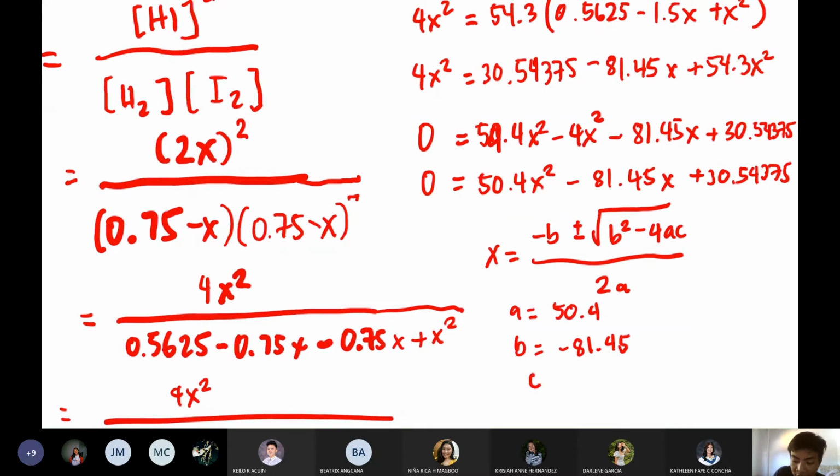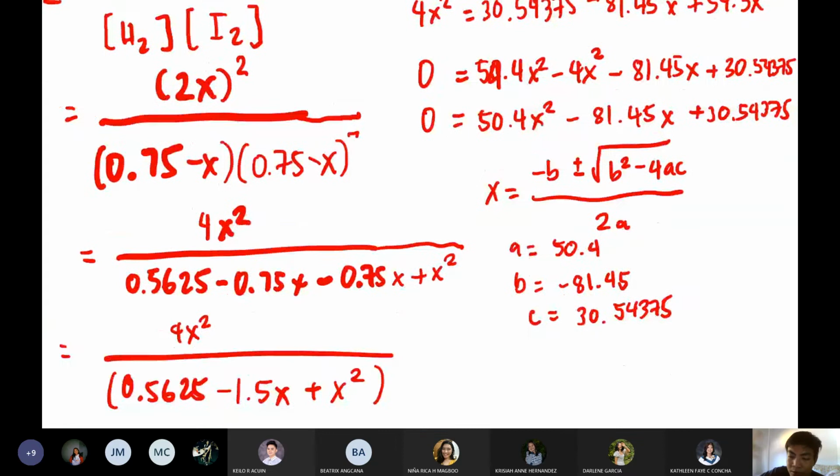And the value of c will just be the number without x. Okay, so we have this one here on the last part. So c will be the coefficient without any variables. Okay, so that is equal to 30.54375. Okay, so what you're going to do is you plug in a, b, and c into your quadratic equation, and then you can get two x values.